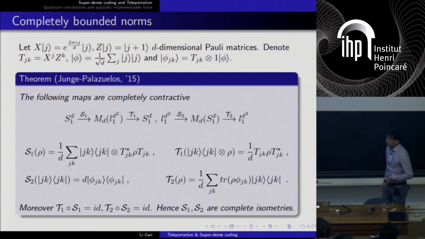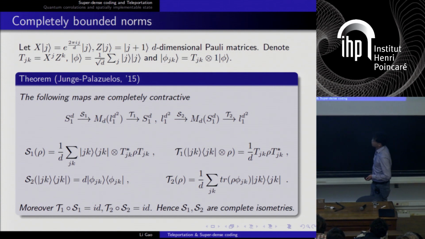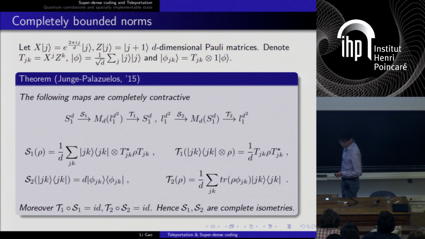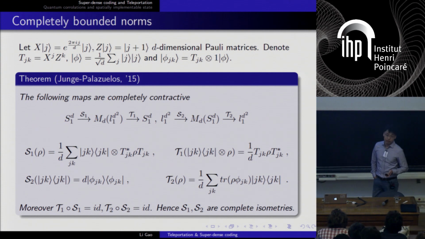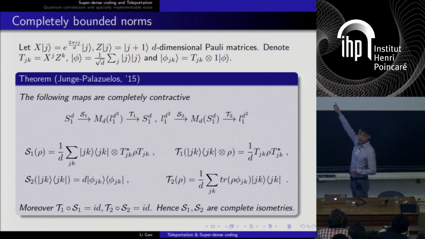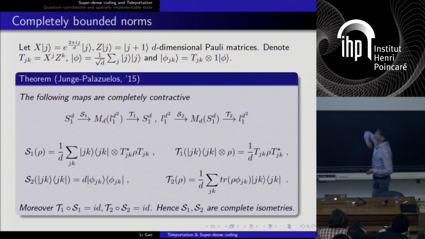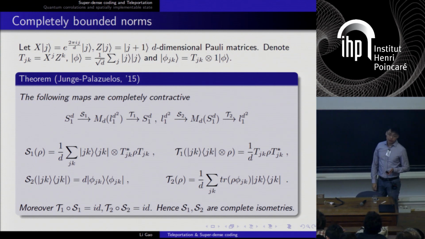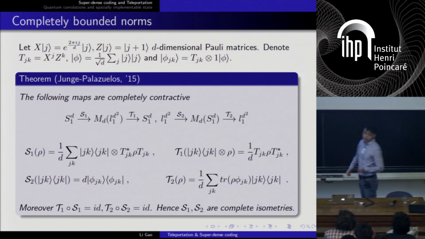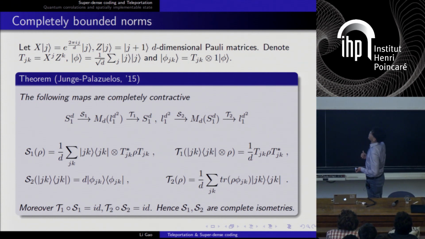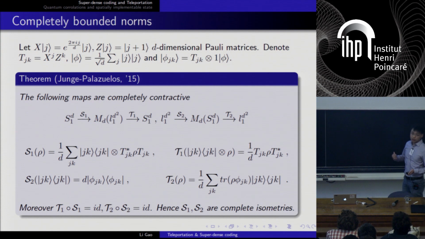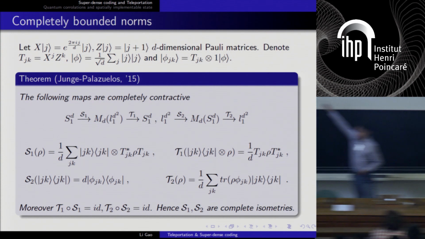So one particular consequence of Junge and Pasazoulis' result is a nice embedding theorem. As operator space, the Schatten class of d-dimensional matrices can be embedded into the MD of L1 d square. And there is also another completely contractive map sending it back to the Schatten 1 class such that their composition is the identity.